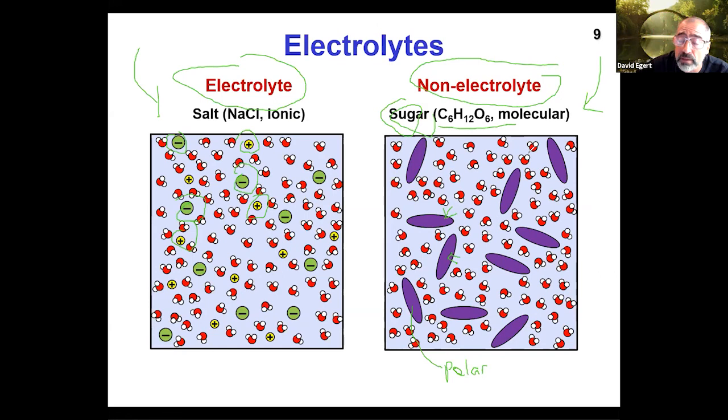This is something I'll talk a little more about when we talk about the write-up. Part of your write-up will be just describing what you find, but a big part of it will be interpreting it, putting it into context. So you can see that salt dissolves and sugar dissolves, and they're similar that way, but then you're going to do other tests and find out they're different in other ways.